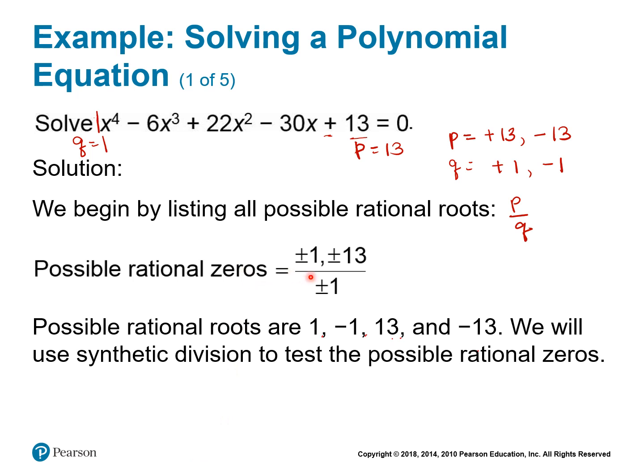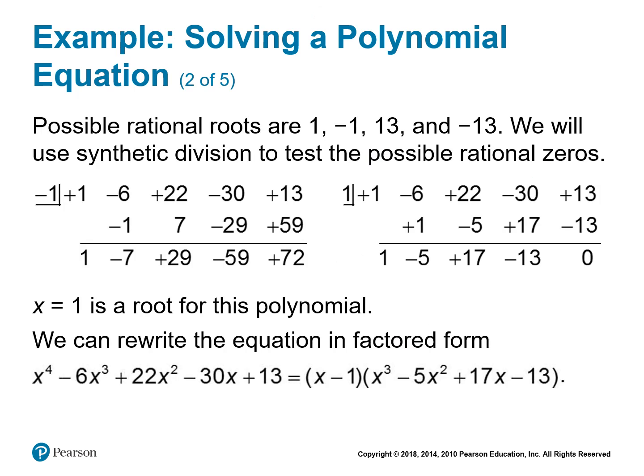So we have 4 possible rational roots: 1, negative 1, 13, and negative 13. We will use synthetic division to test the possible rational zeros, using these as the c values. That's what we are going to do in the next slide.